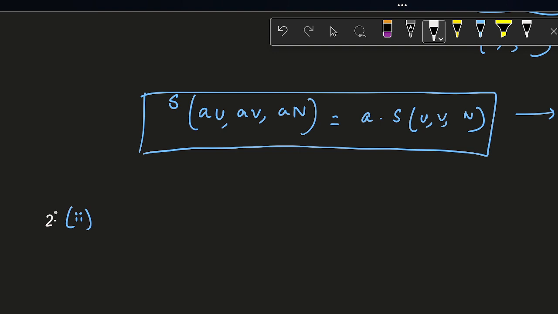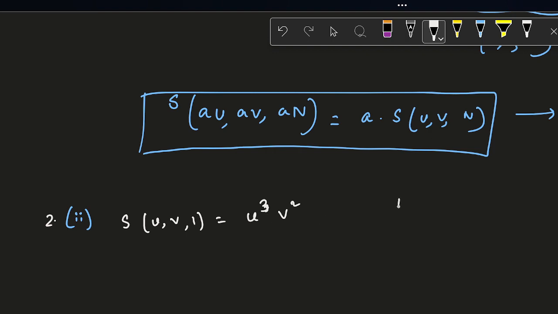Okay, so first of all, what was given, that S of small u, v and 1 is equal to u cube v squared.